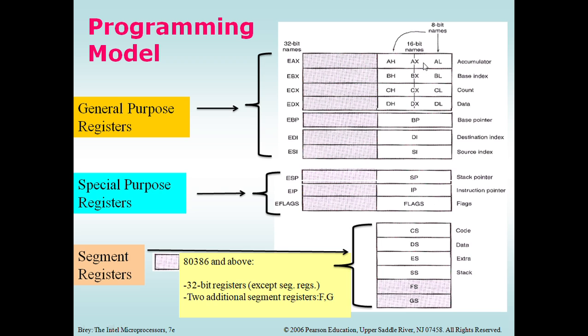The unshaded area, this white area, the accumulator and flags register, and then from the code segment to the stack segment register, all of these registers are 16-bit registers in the 8086 and 8088 microprocessors. The extended versions of these registers plus the FS and GS segment registers are not available in the 8086 and 8088 microprocessors.